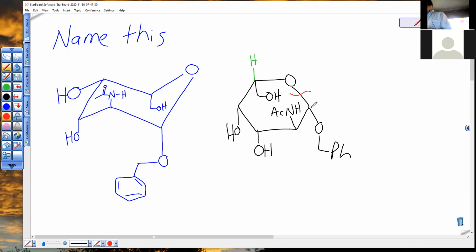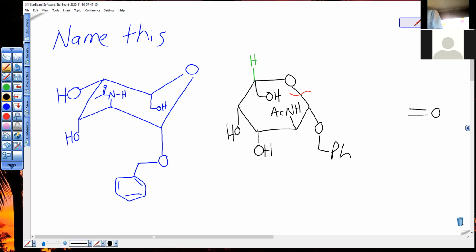So this used to be the anomeric position. I'm just opening the ring and getting rid of the acetal group.